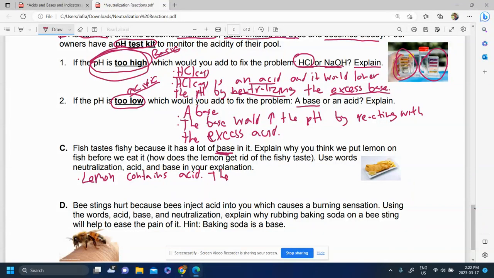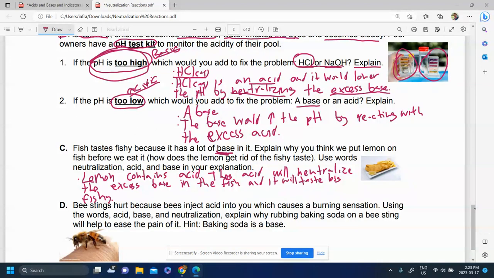This acid will neutralize the excess base in the fish, and it will taste less fishy.